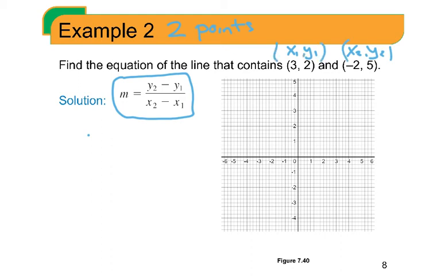So x1 is 3, y1 is 2. There's that first point. x2 is -2, and y2 is 5. We almost ran out of room there. And now I just need to try to join these up with a line.